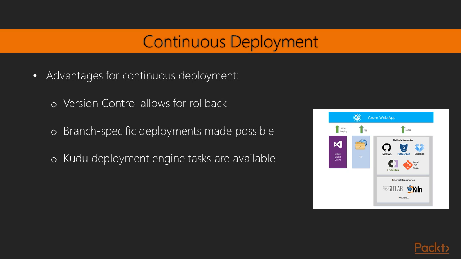You go back to the development stage, rolling back your previous changes, publishing the website again, and with a minimum of downtime, it actually allows you to easily upgrade and replace your production running web application. Or branch-specific deployments are also made possible. And then integrating with technology like Kudu deployment, engine tasks are also available to build some kind of automation integration.